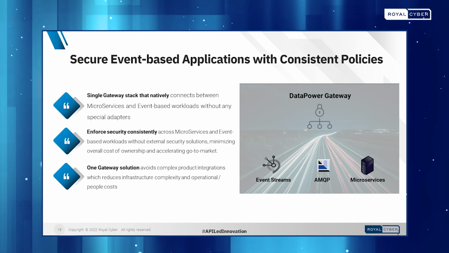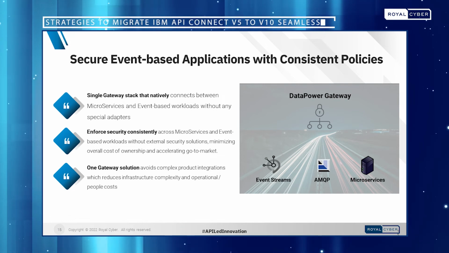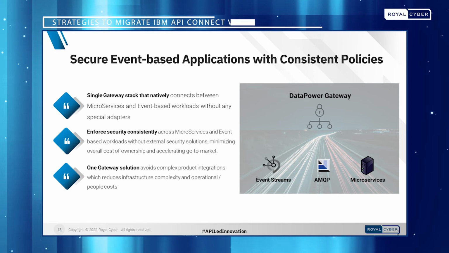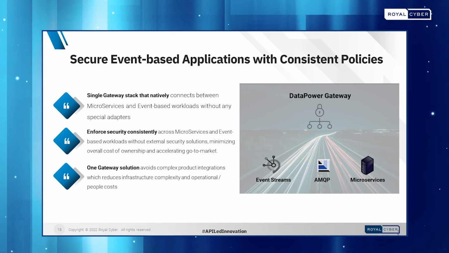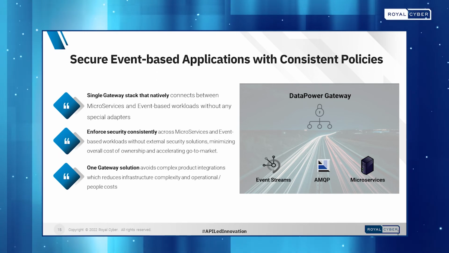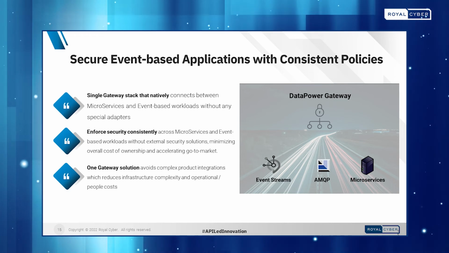Many organizations now leverage what we call event-driven architectures, and API Connect V10 comes with IBM DataPower V10 as well, which has direct integration with some of these technologies, including Kafka and AMQP.